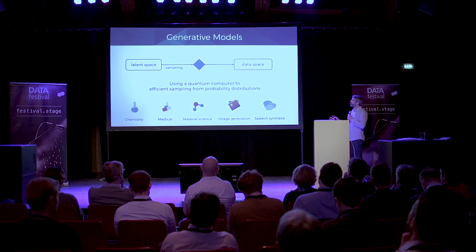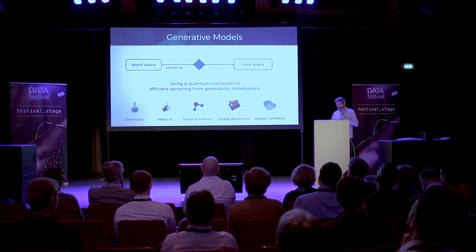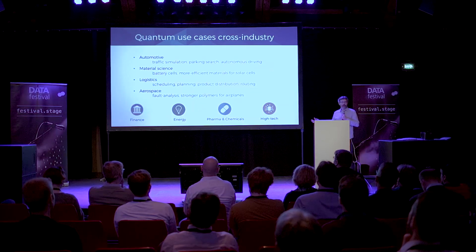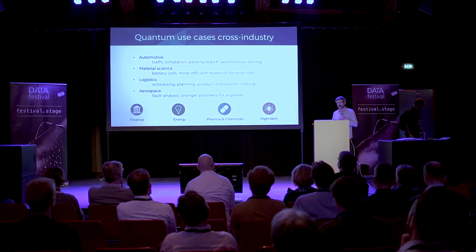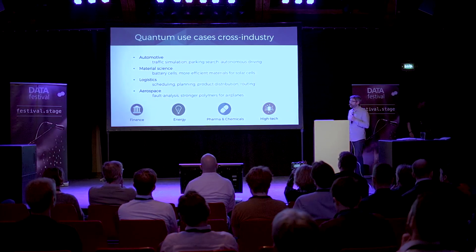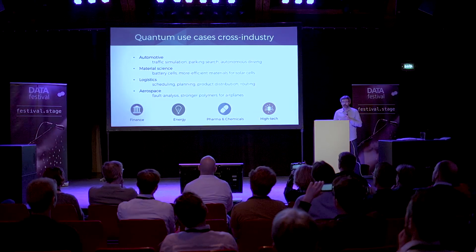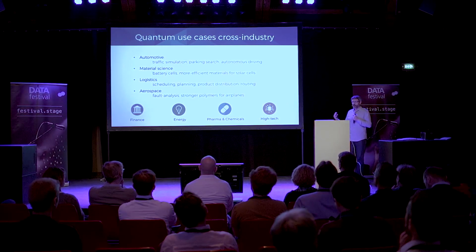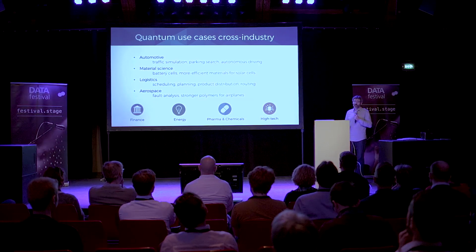And that's for the generative models, but there's obviously much more that we can do with quantum machine learning, and I just want to point out that there is a whole bunch of use cases across all industries, and just to pick out a few of them. So, for example, in automotive, you can make traffic simulation like Volkswagen did, or try to help autonomous driving due to the processing of large amounts of data.